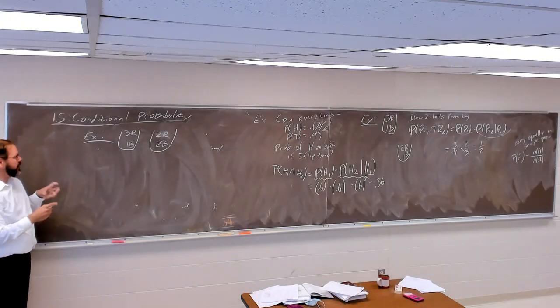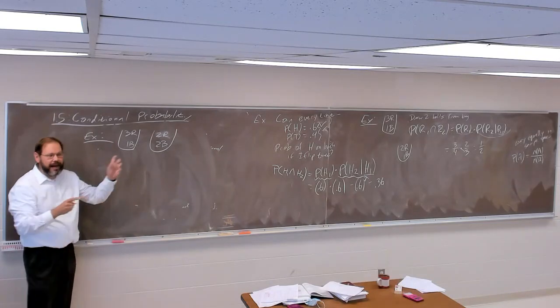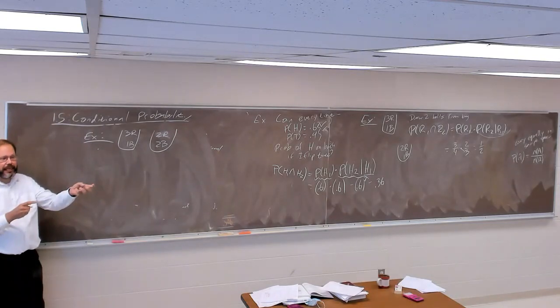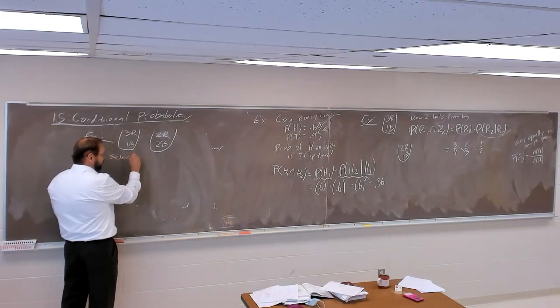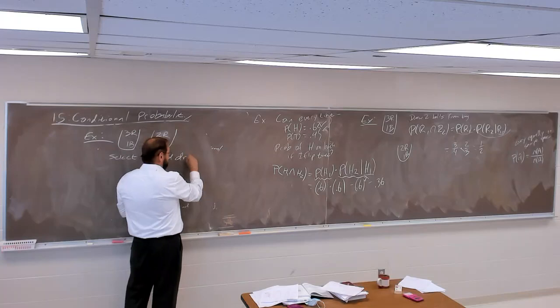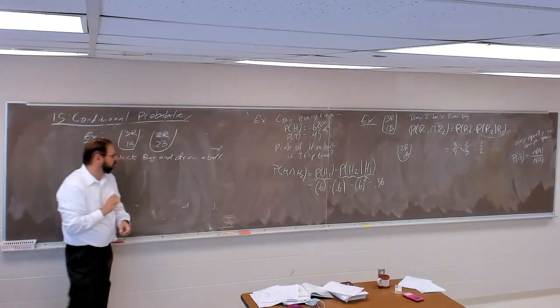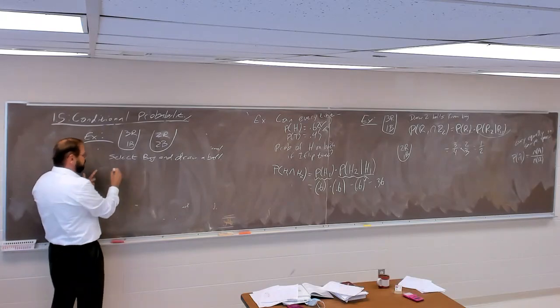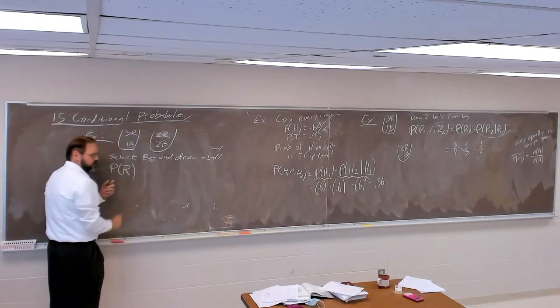So again, this time my experiment is, I'm going to grab one of the bags, I'm not going to look into it, okay? So I'm going to select a bag at random and draw a ball. And then I would ask the question, what's the probability that the ball I select out is red?